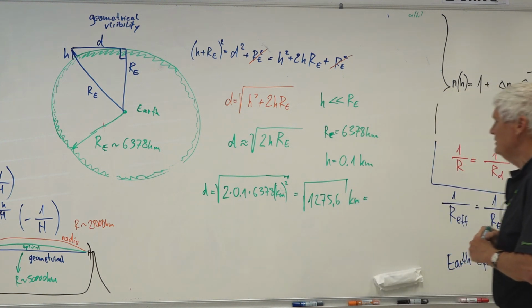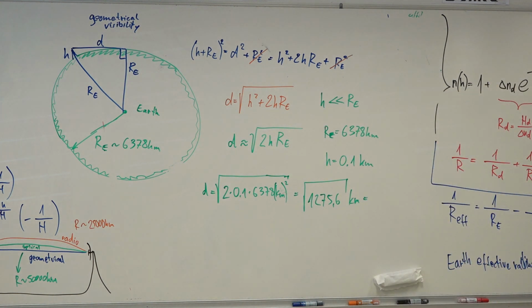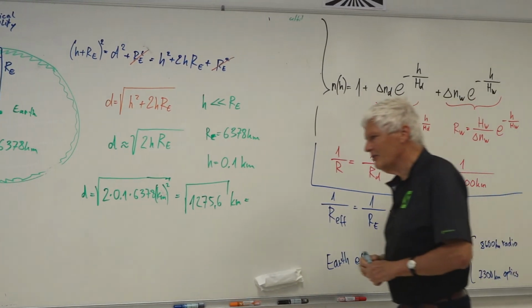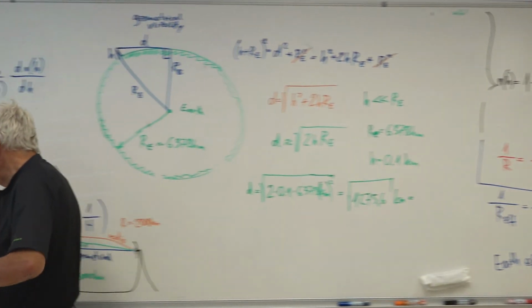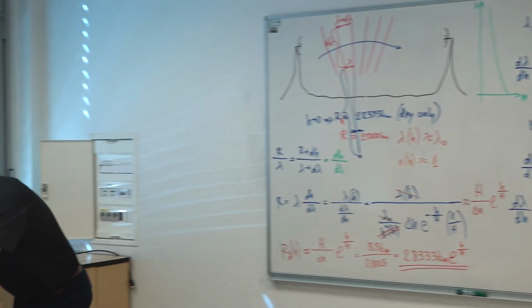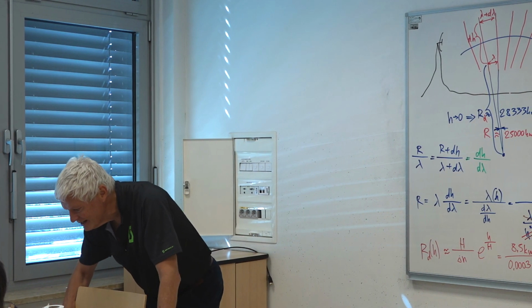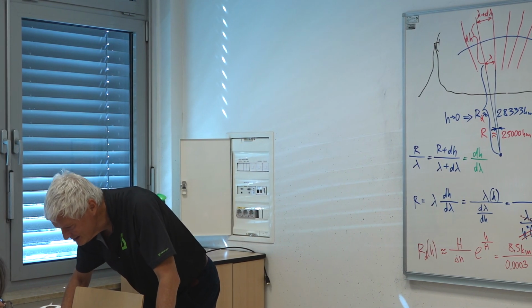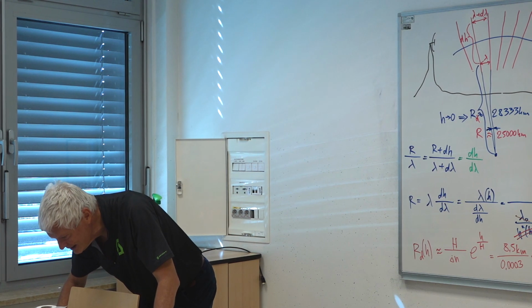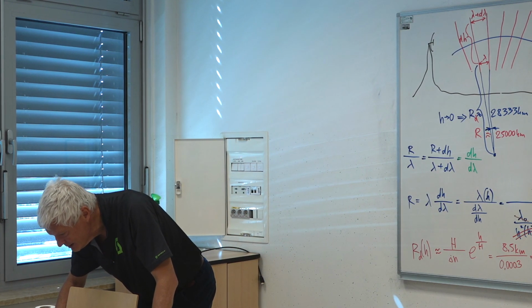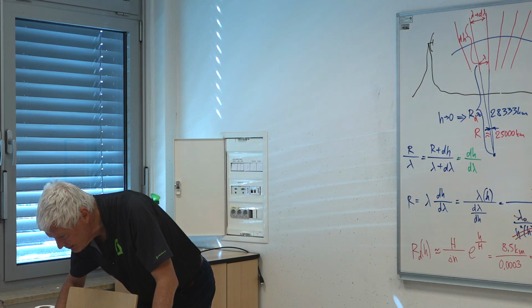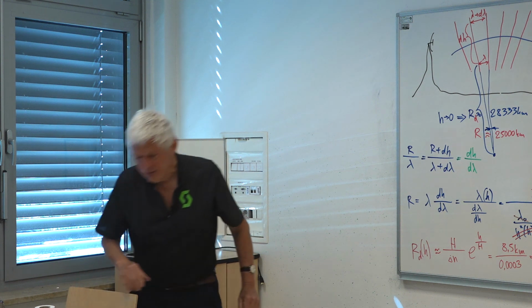And if I take this square root, I don't have a calculator over here. Maybe I could use my computer if the calculator works. So let's try it now. The square root of 1275.6 is 35.7 kilometers.